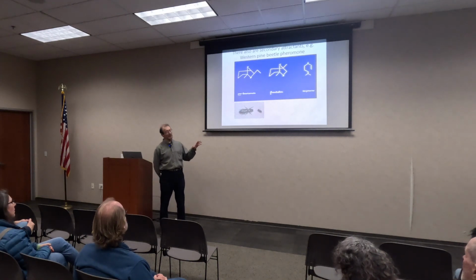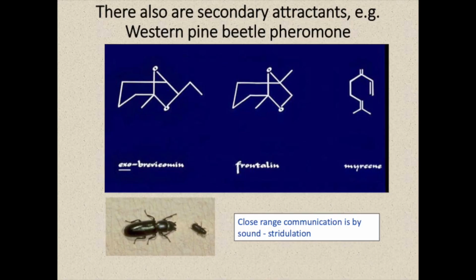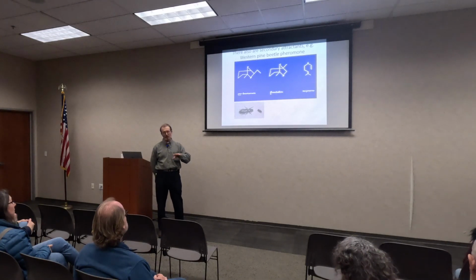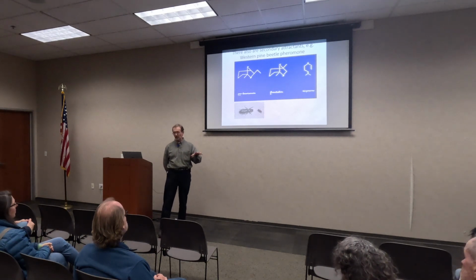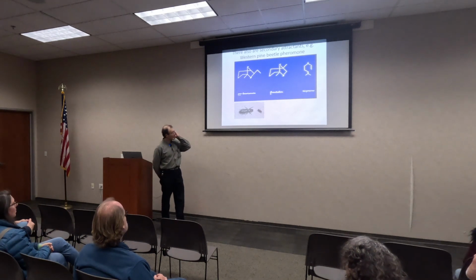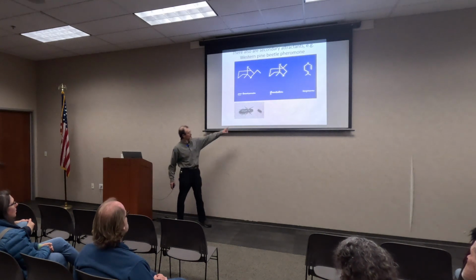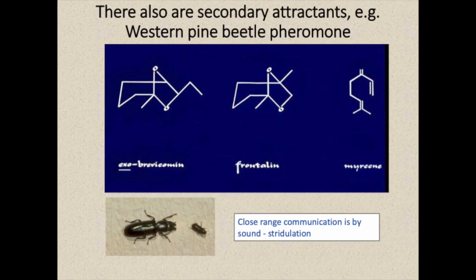They use these chemicals to bring in additional beetles to more effectively colonize that resource, or to more effectively kill the tree. And these chemicals, these pheromones, are also attractive to natural enemies, which is the reason I put that there.